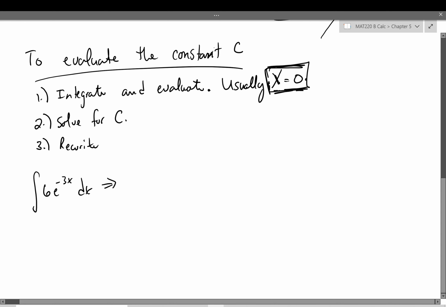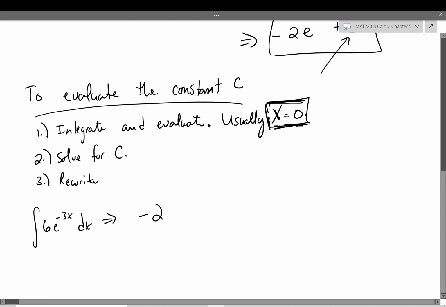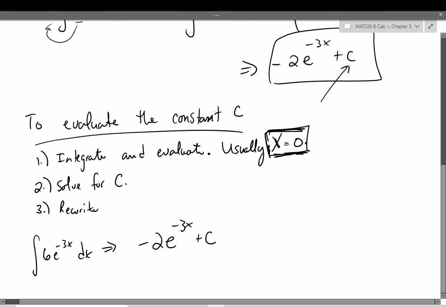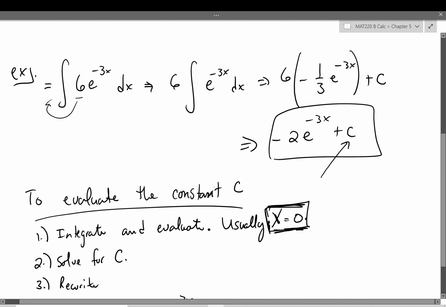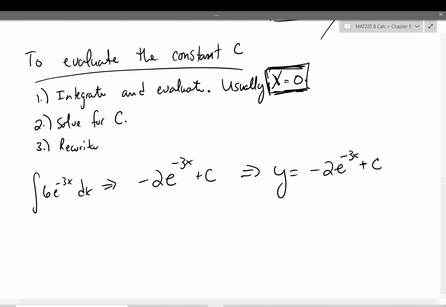I'm still going to get the same result at the very end, negative 2 e to the negative 3x plus c. Now, the thing we have to remember here is that this is equal to dy dx. So when I integrate, I'm going to get y equals negative 2e to the negative 3x plus c, and I'm going to let x equal 0.